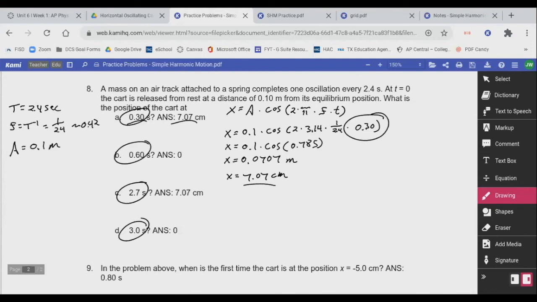I hit my cosine button, hit enter, then I said times 0.1, enter, and that's the solution I was able to get. We're both very close. Am I worried about it if you're that close? No, heck no. As long as your function looks correct and you're nearly there, that's what I care about. And again, the exam in May is just about setting it up. It's not about calculating it.